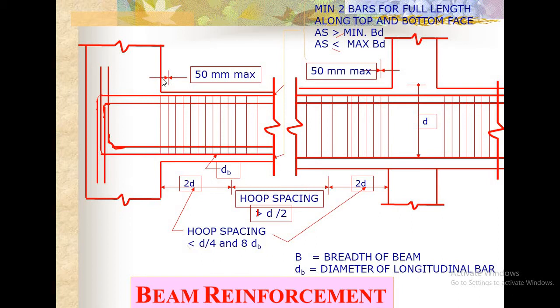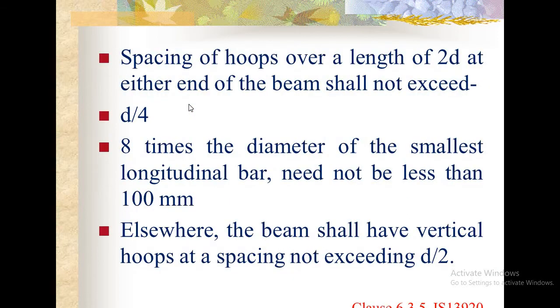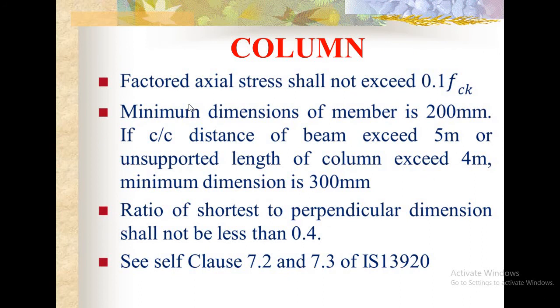And one more point: this is the face of the column. From here the first vertical reinforcement, the first stirrup, should not be more than 50 mm away. In columns, the factored axial stress shall not exceed 0.1 fck. Minimum dimension of the member is 200 mm.